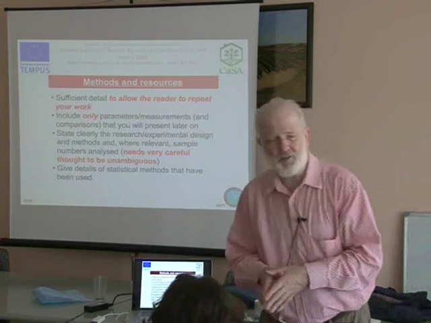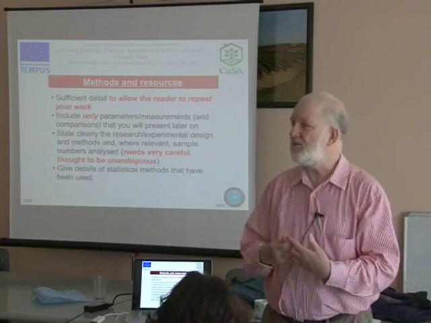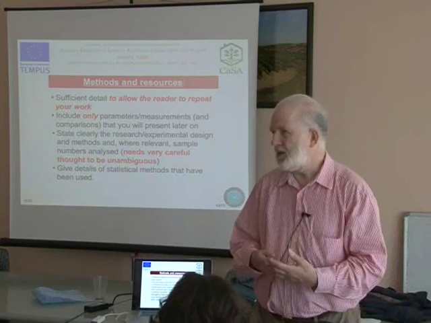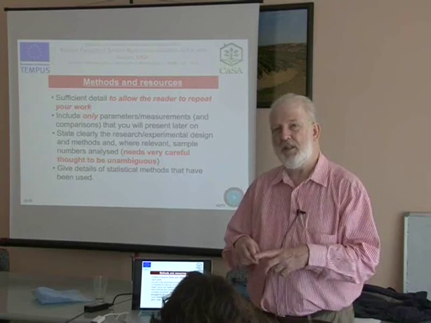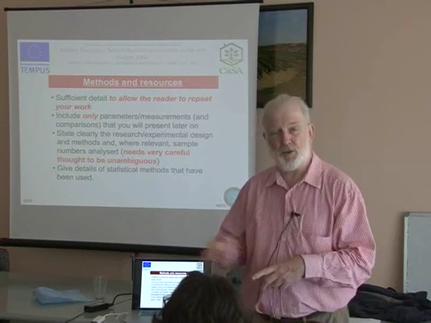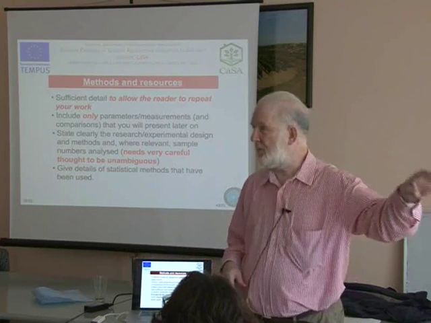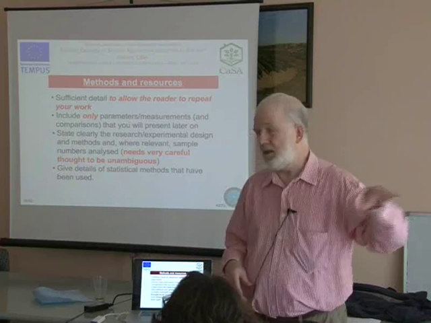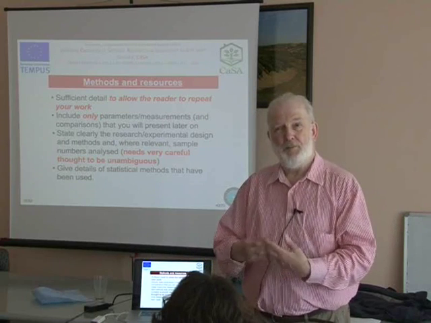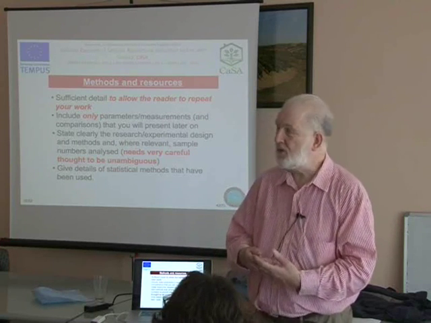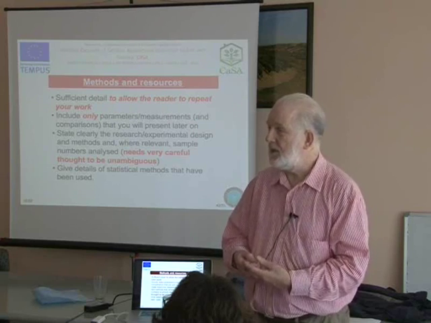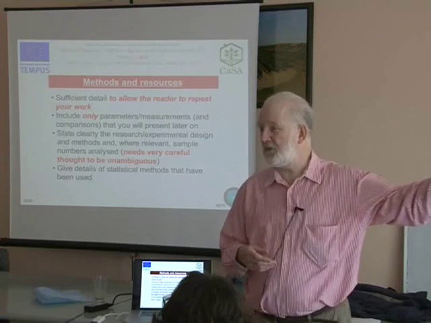I find from time to time that I will see data presented for traits in the results that were not described in materials and methods, and I will also find parameters and measurements described in materials and methods that just disappear in the rest of the manuscript.